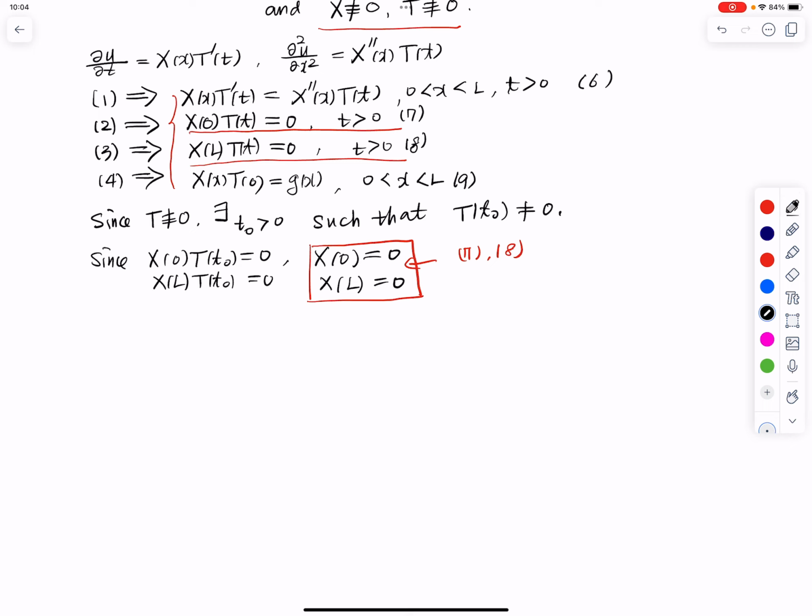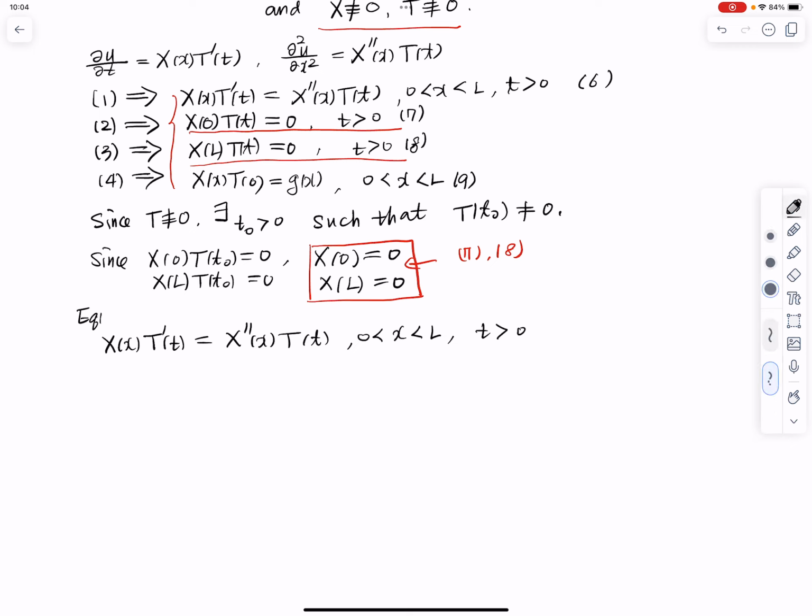So equation 1. So now we have X(x)T'(t) = X''(x)T(t), which is true for x between 0 and L, t positive.